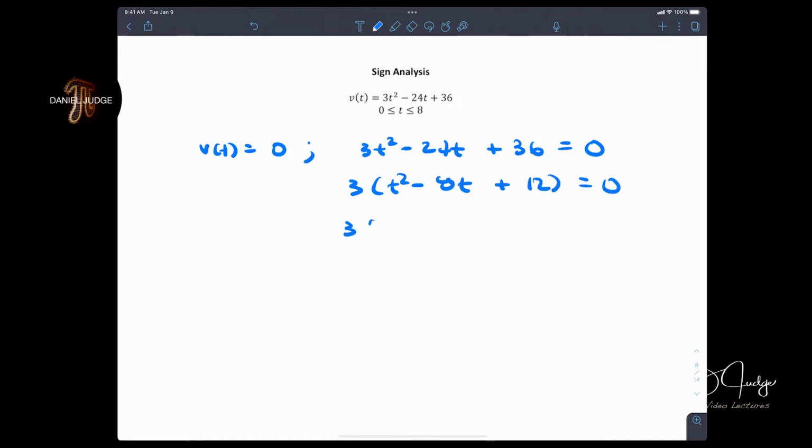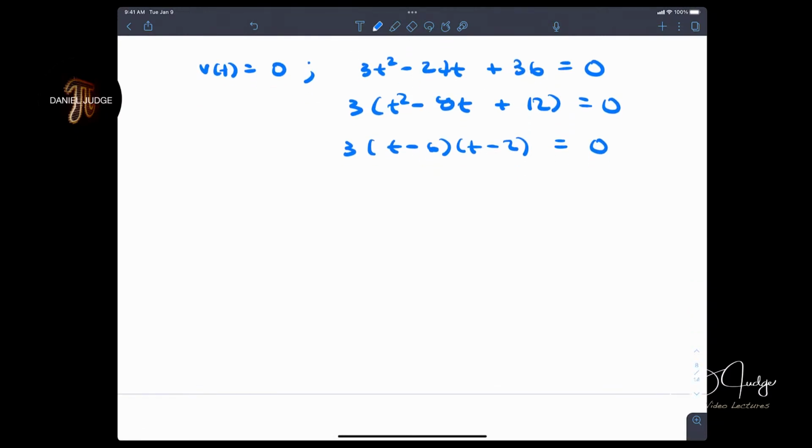And we can factor the t squared minus 8t plus 12. That'll be t minus 6 and t minus 2. And now we could divide both sides by 3. You'll end up with t minus 6 times t minus 2 is 0 here.